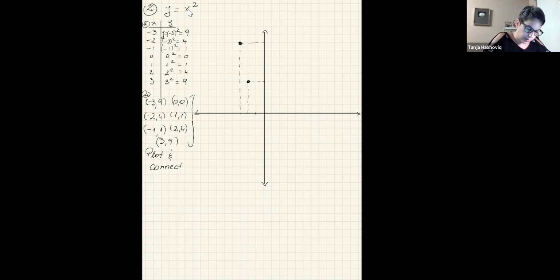Point minus 1, 1 is this point here. Point 0, 0 is here. Point 1, 1 would be here. Point 2, 4 would be here. And point 3, 9 would be this point here.